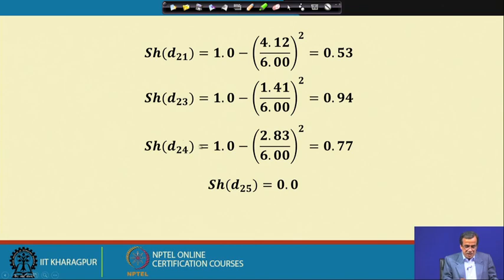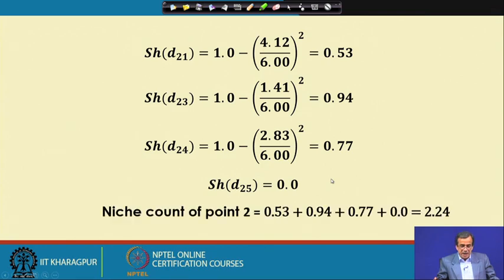The sharing d 2 4 is nothing but 0.77, and the sharing d 2 5 is equal to 0.0. Now, I can find out the niche count for point 2, that is nothing but 0.53 plus 0.94 plus 0.77 plus 0.0. So, this will become equal to 2.24. So, this is the niche count for the point 2.